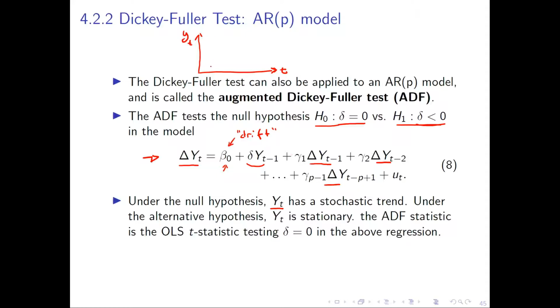And what you get is often this pattern, or if you disregard the stochastic bit or the random bit from the ut, you would often see something close to a straight line because of the drift term.